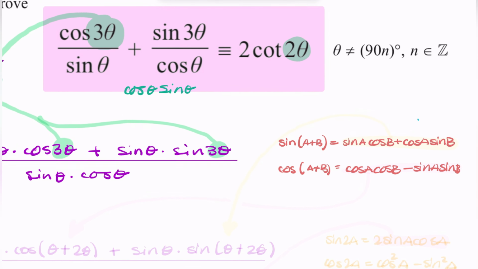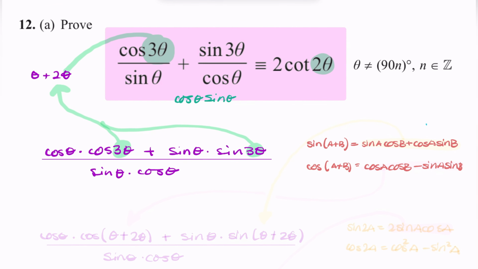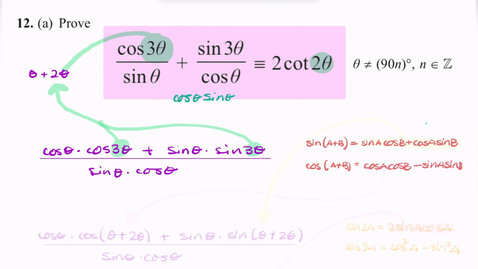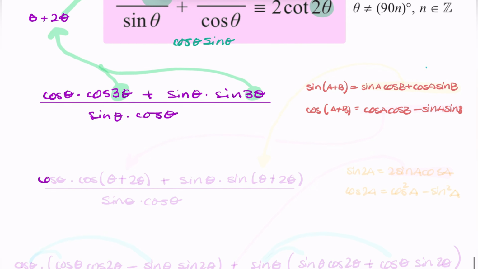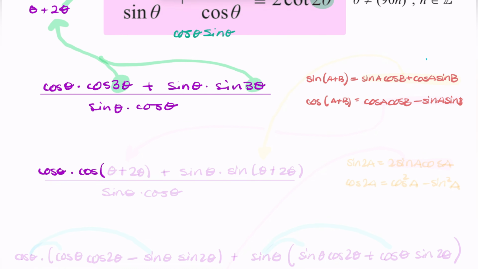And we can use these two formulas to replace the cosine 3 theta and the sine 3 theta. So let me rewrite this as cosine theta times cosine (theta plus 2 theta) plus sine theta multiplied by sine (theta plus 2 theta), all of that divided by sine theta times cosine theta.